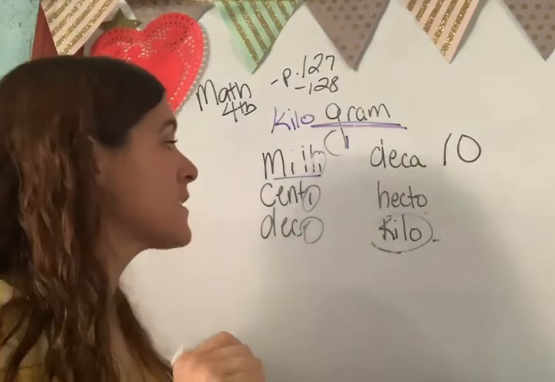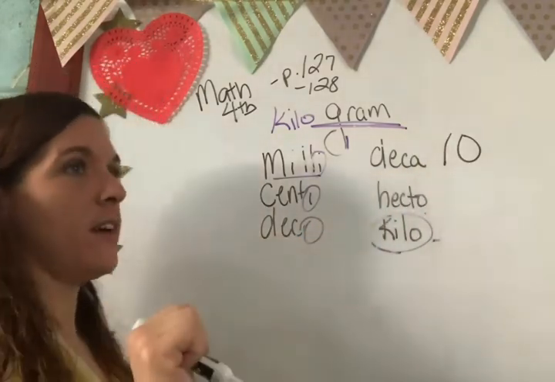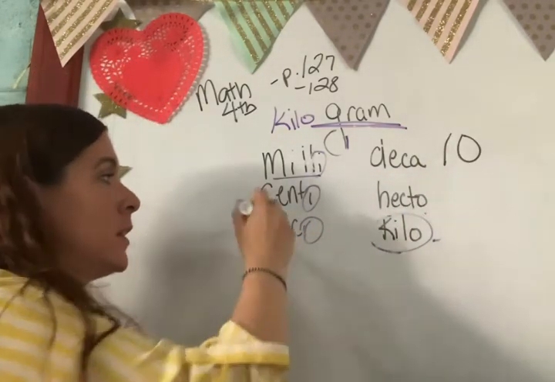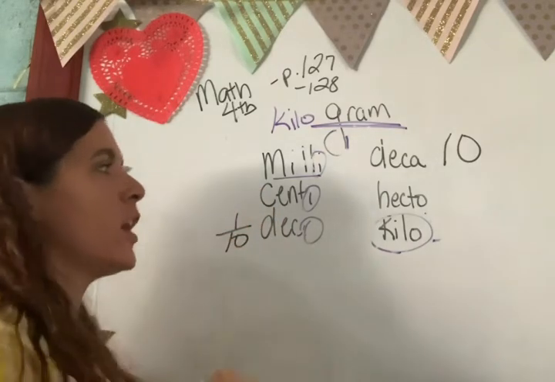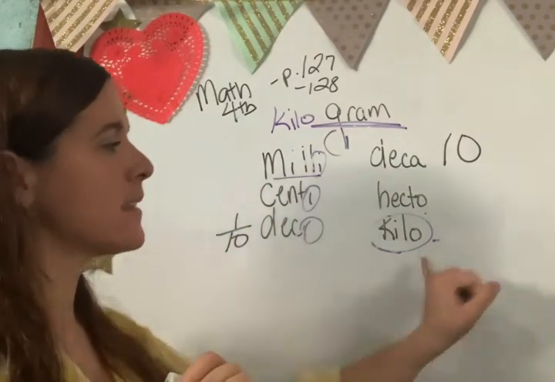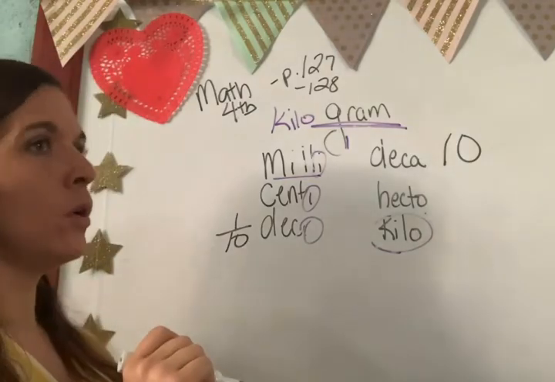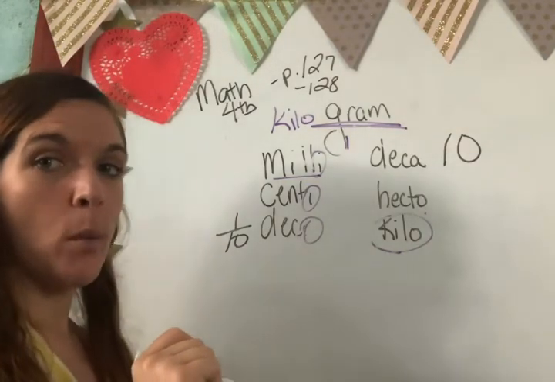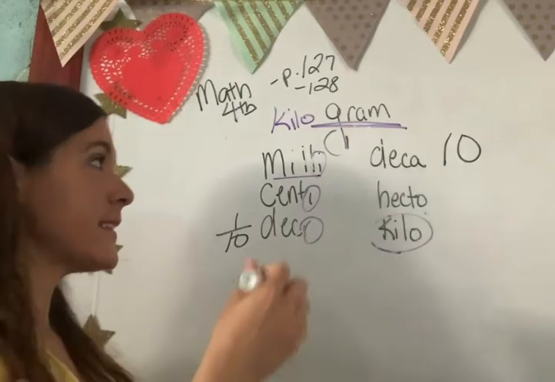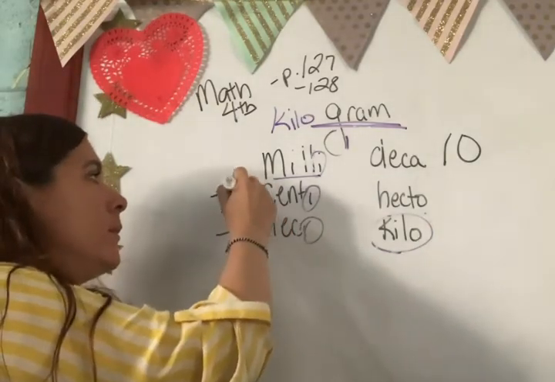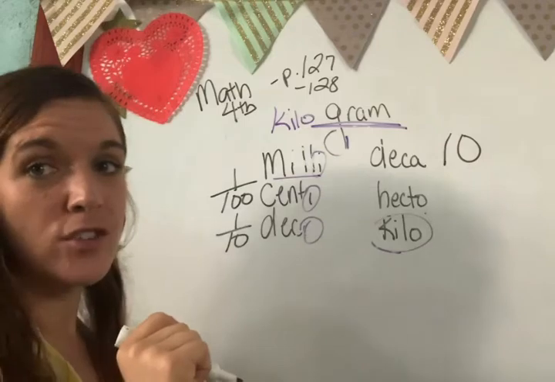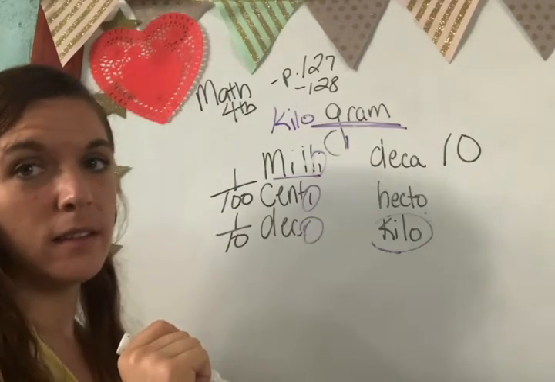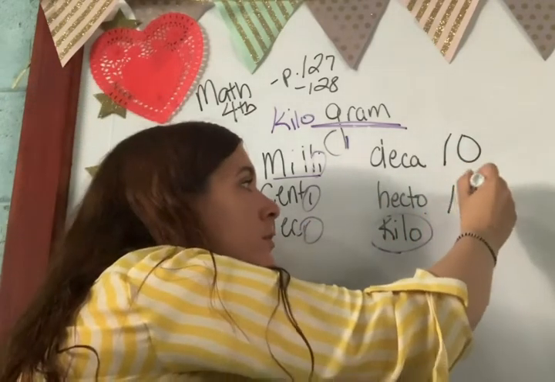Okay, what prefix means 1/10? Deci. Good. What prefix means 1/100th? Centi. Which one means 100? Hecto.